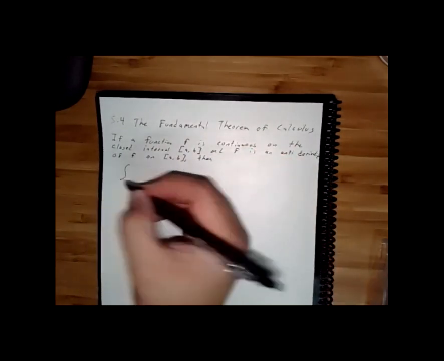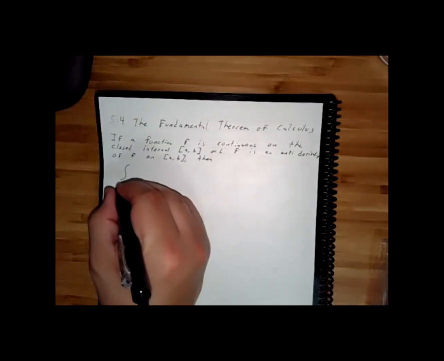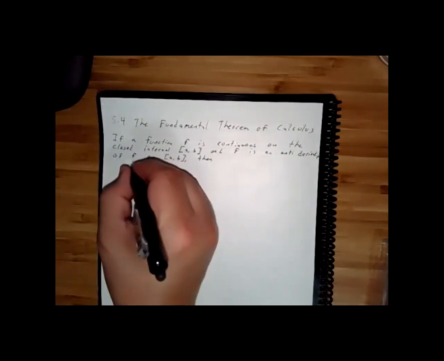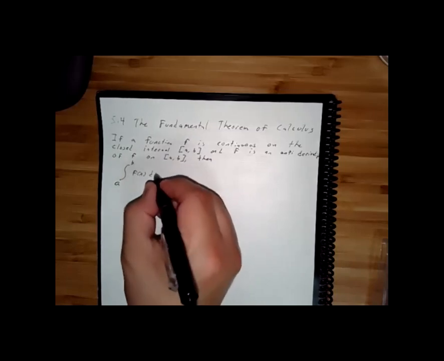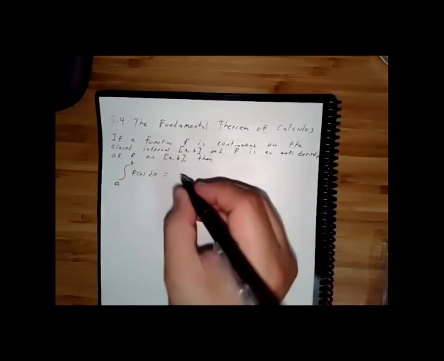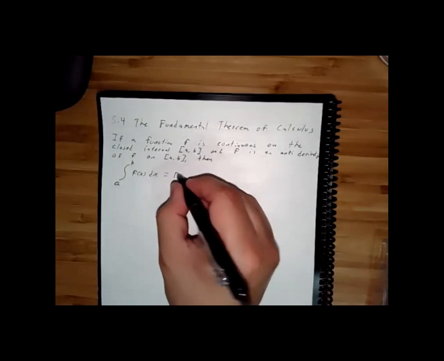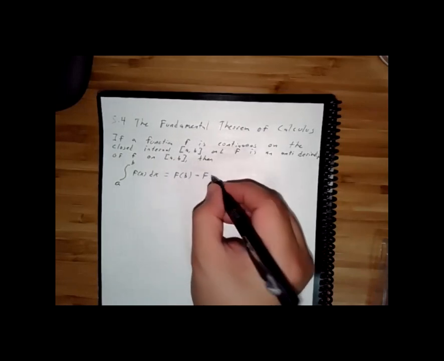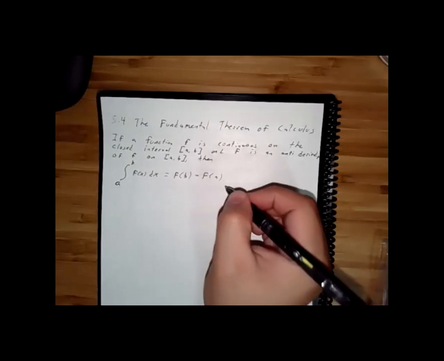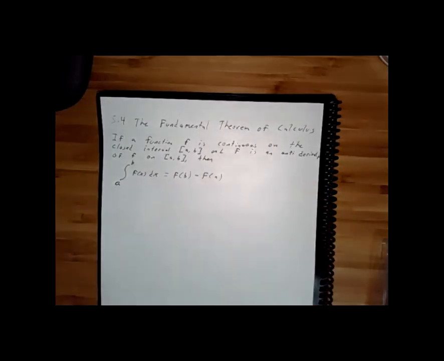The integral from a to b of your f of x function dx would be equal to capital F of b minus capital F of a. Okay, what does it say after anti?